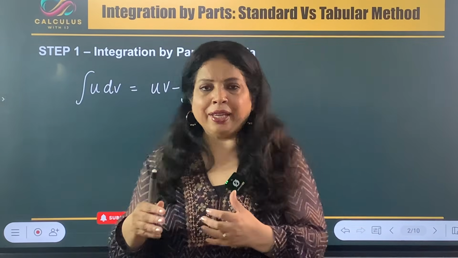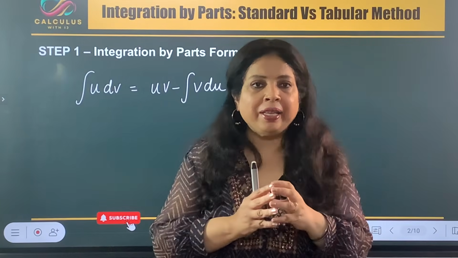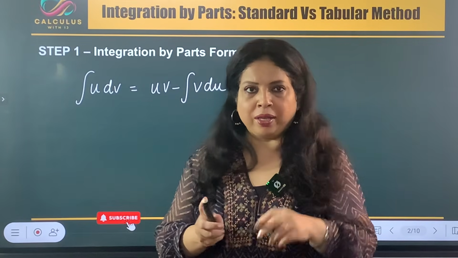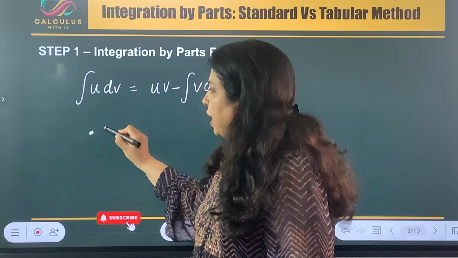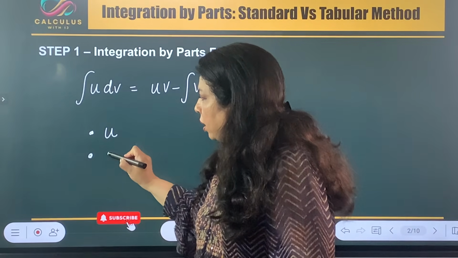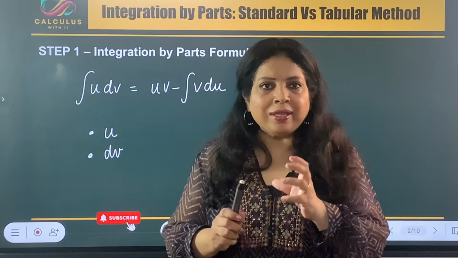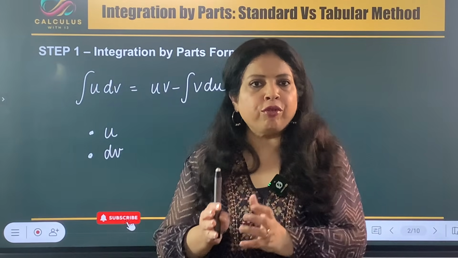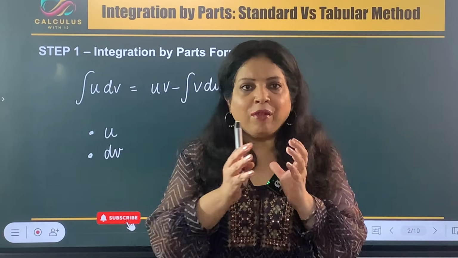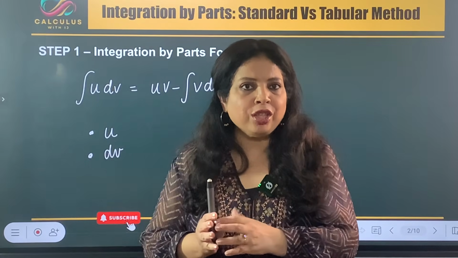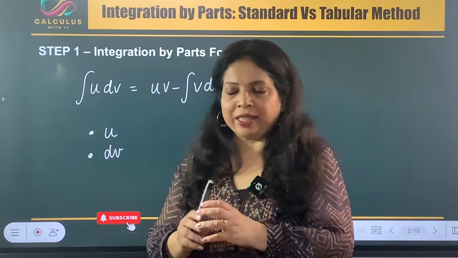So the idea behind this formula is that we split the integrand into two parts. One part is chosen as u and the other part is chosen as dv. We choose u as that function which can be differentiated easily, and we choose dv as that function whose integral we can find easily.